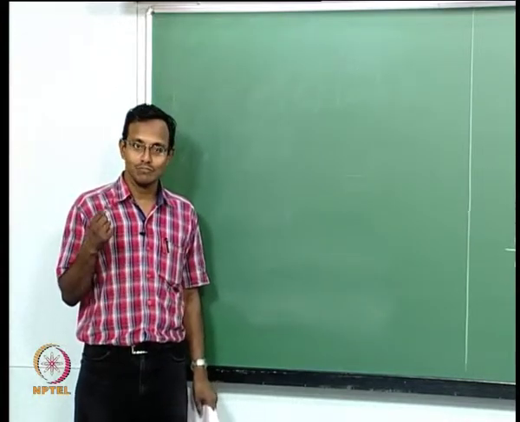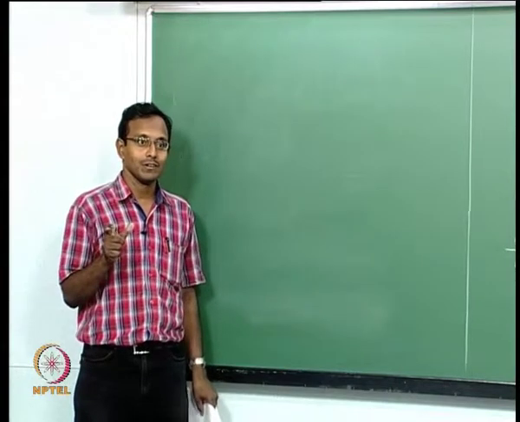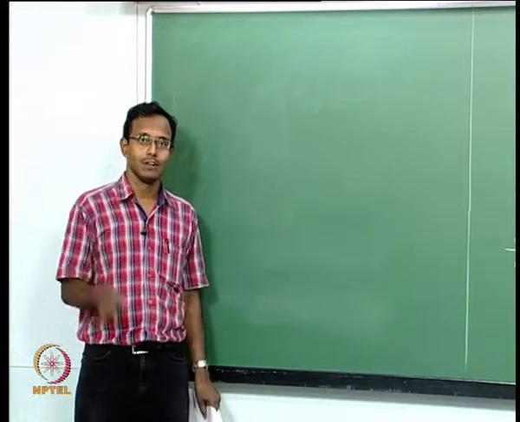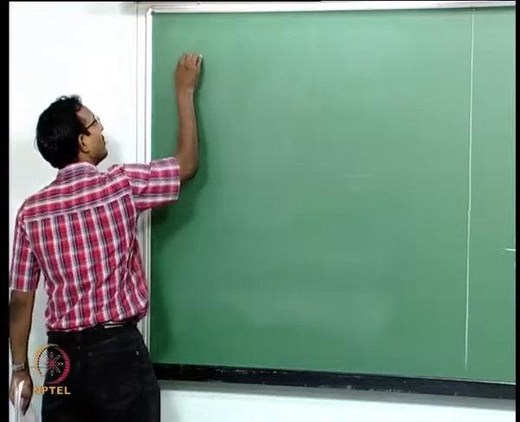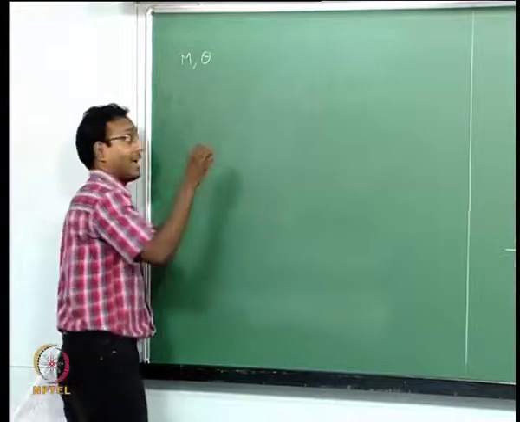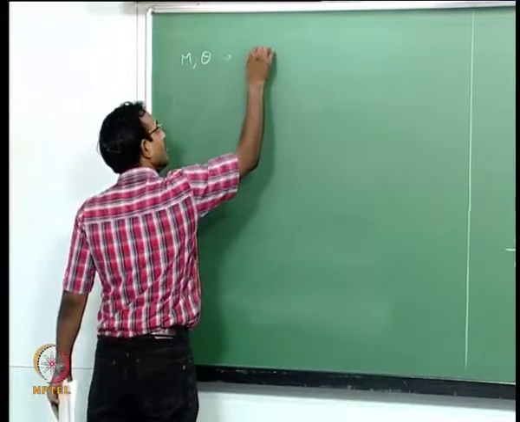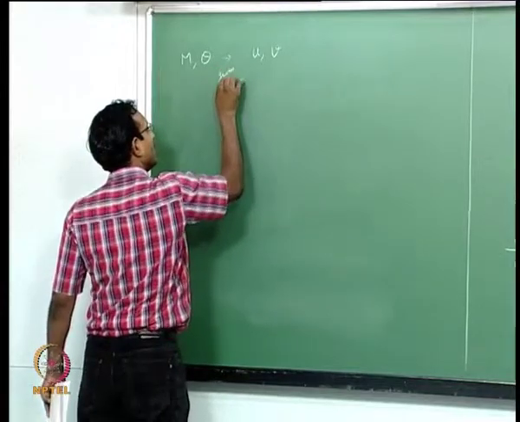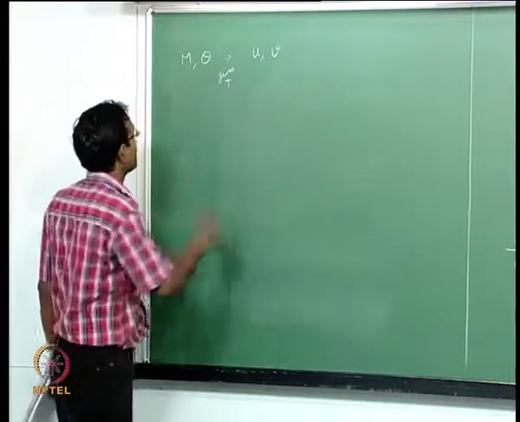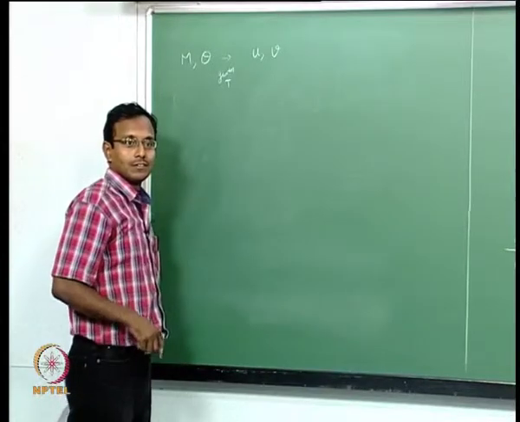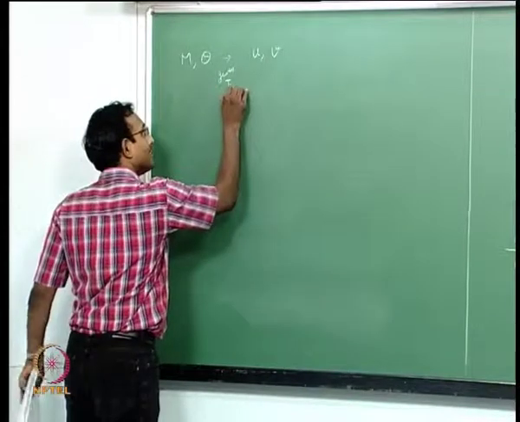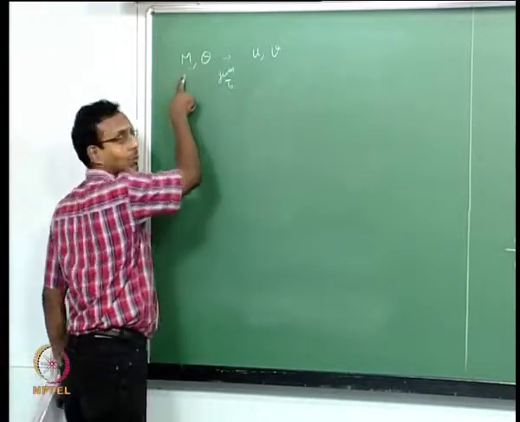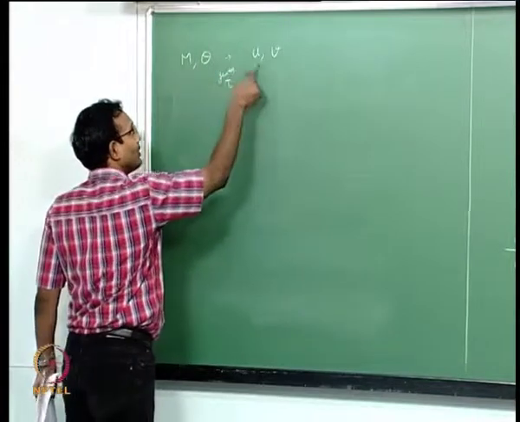If I know the velocity vector value and magnitude, or I know my M and theta, I actually can find out from here u and v given temperature, but temperature depends on Mach number. So I should be given T naught at that location for me to find, based on that particular local Mach number, what will be the u and v values.